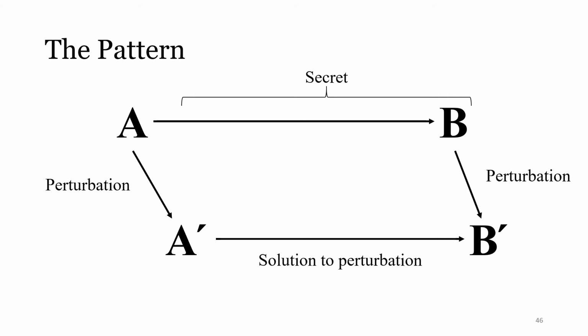And once we have all of this information in front of us, Bob asks us for one of two things. He asks us for the permutation that we used, which will bring A to A prime, or vice versa, or he asks us to show that we can solve the permutation. If he asks us to solve the permutation, then he's fairly sure, or he isn't 100% sure, I should say, that what we were solving was really a permutation.